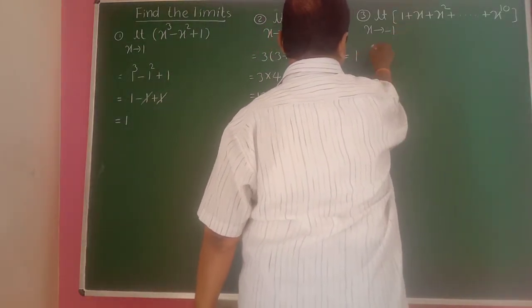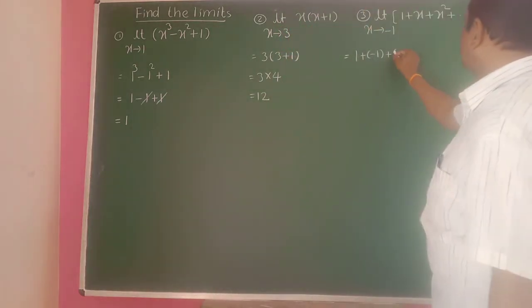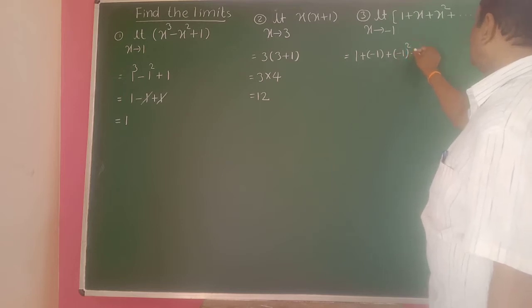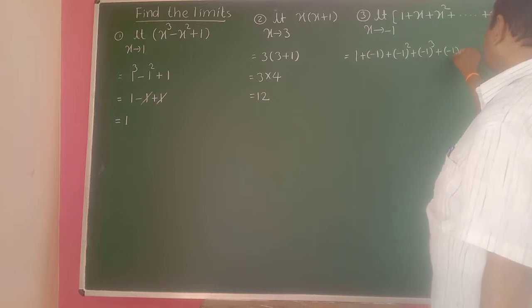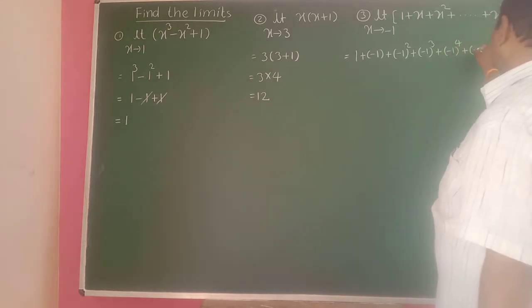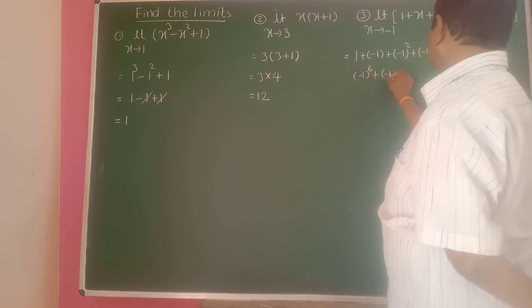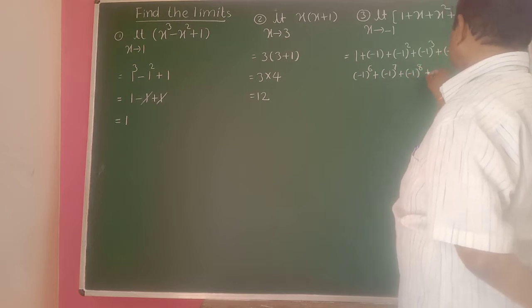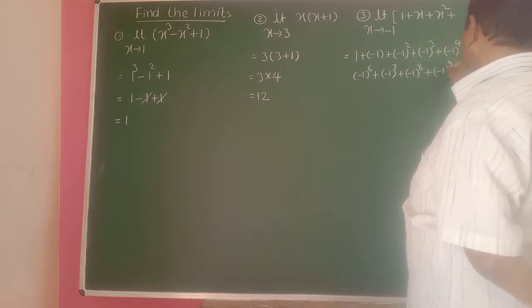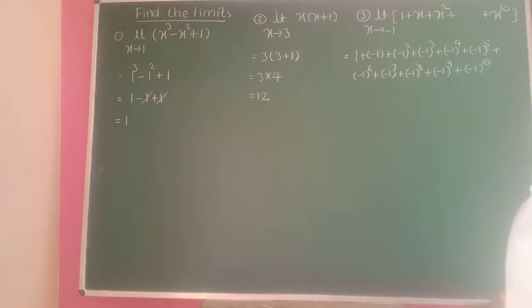So 1 plus minus 1, plus minus 1 whole square, plus minus 1 whole cube, plus minus 1 raised to 4, plus minus 1 whole raised to 5, plus minus 1 whole raised to 6, plus minus 1 whole raised to 7, plus minus 1 whole raised to 8, plus minus 1 whole raised to 9, plus minus 1 whole raised to 10, up to x raised to 10.